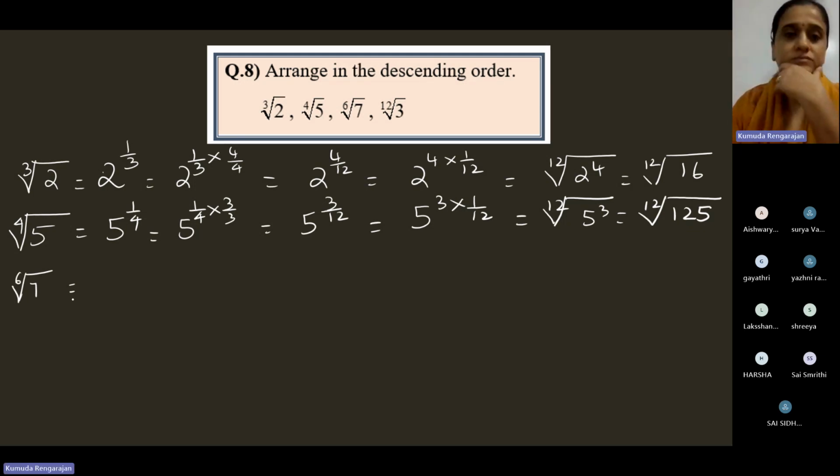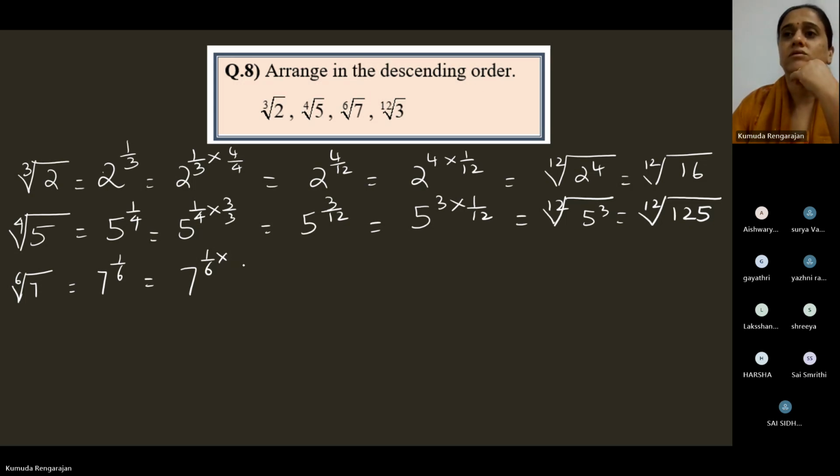Yeah, you tell me. 6th root of 7 is equal to 7 to the power 1 by 6. What is the required denominator? 12, right? So you have 6. It should be 12.